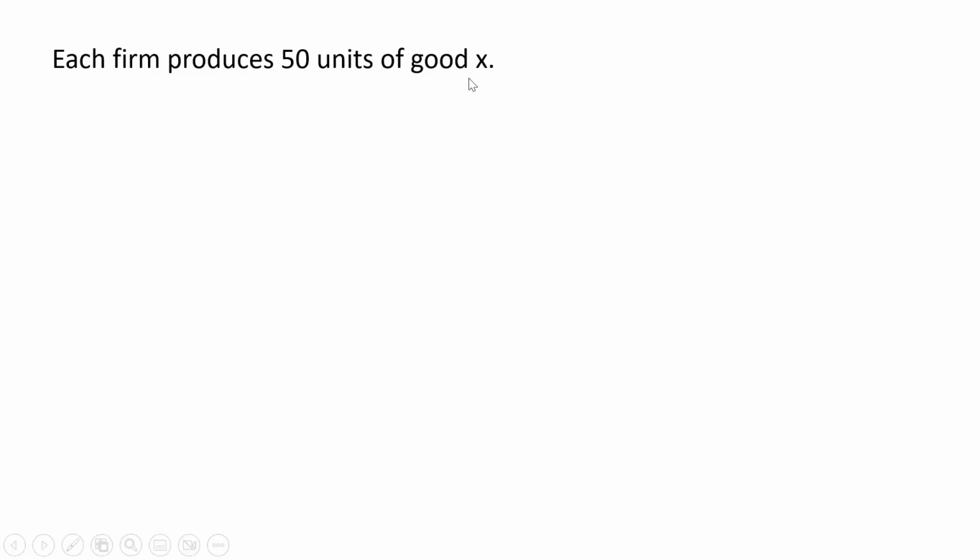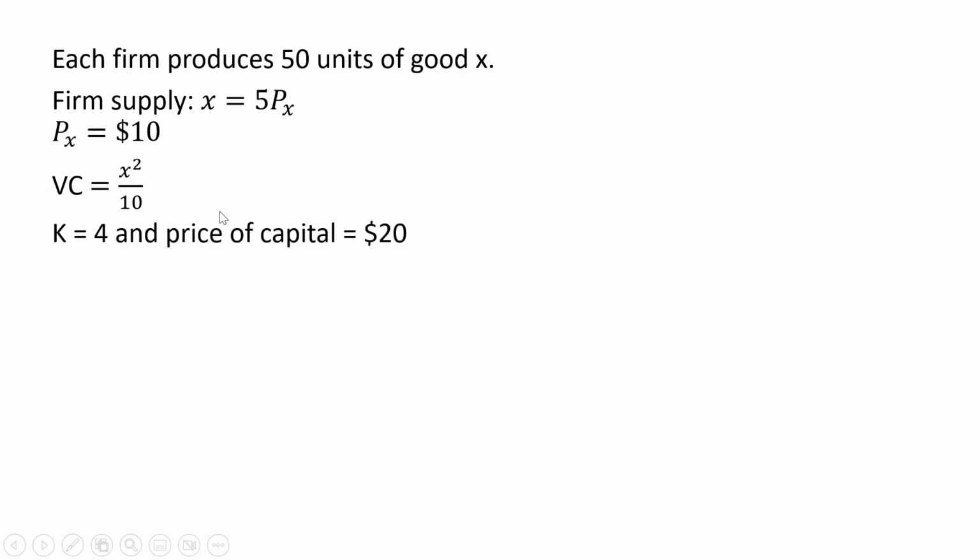Each firm produces 50 units of good X. How do I know that? The individual firm supply is given by the following, and if the price of good X is 10, 5 times 10 means the individual firm produces 50 units. The variable cost from before we found was this, and we stated capital was fixed at 4, and the price of capital is 20.